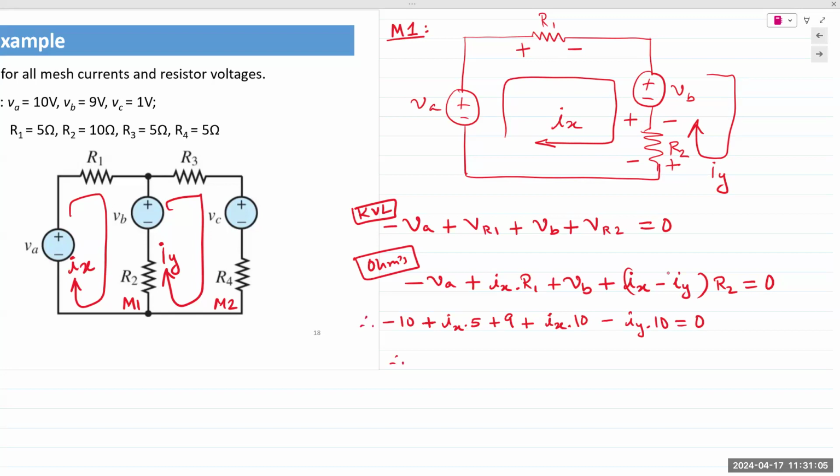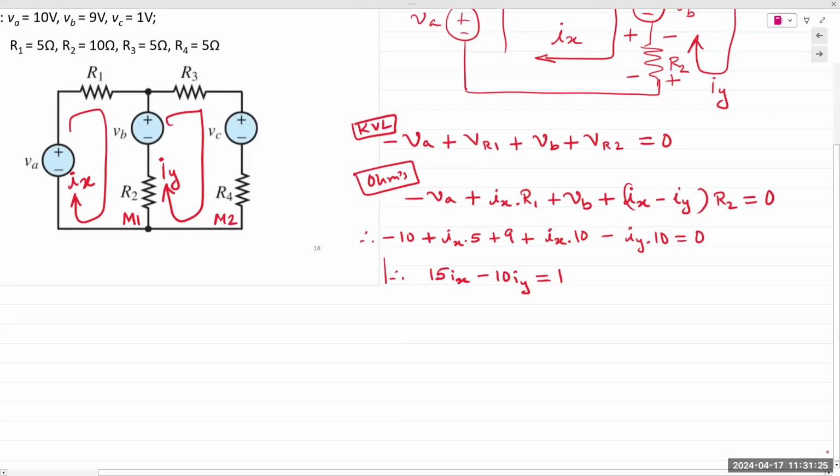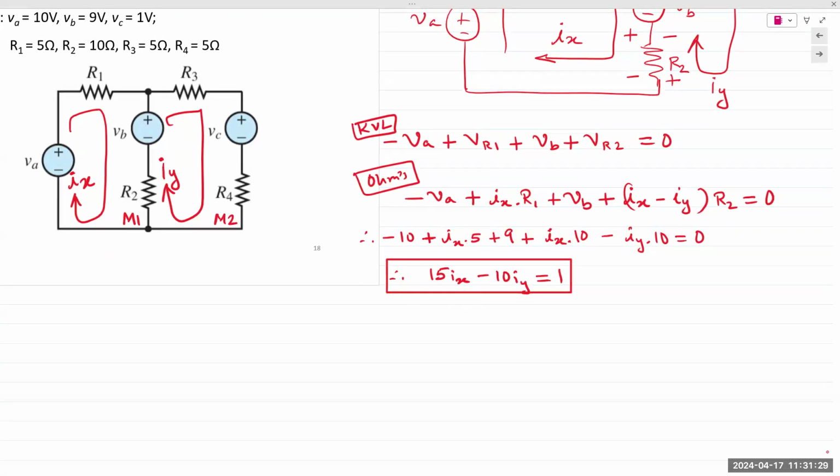Reduce the expression to the form of AX plus BY is equal to C, and you would obtain 15 times Ix minus 10 times Iy equals 1. And I will label this as equation 1.